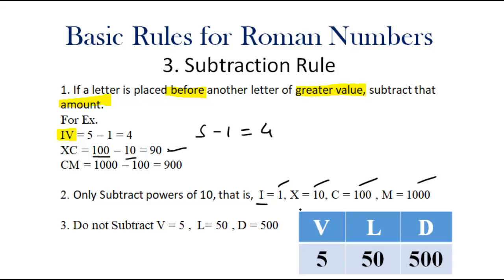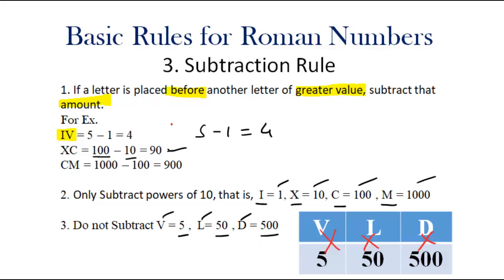That means I, X, C, M can be subtracted from the higher numbers. The letters with the values 5, 50, 500, that is V, L, D, cannot be subtracted from any other letter.